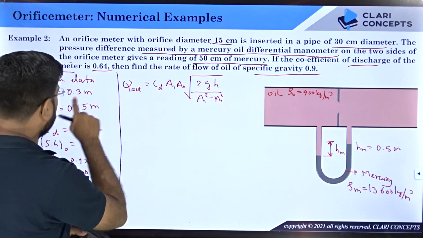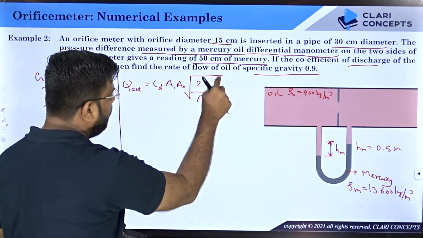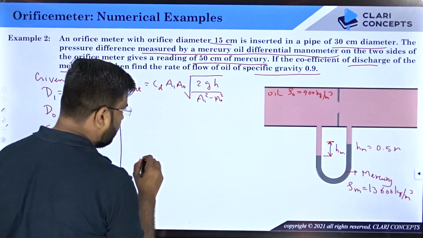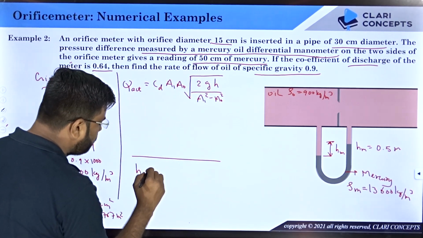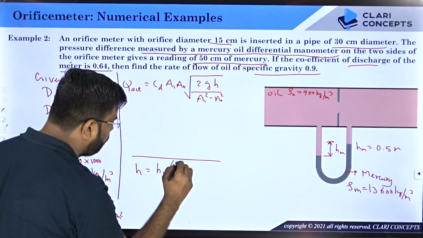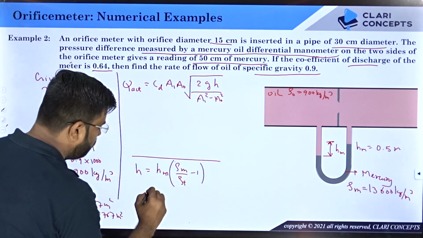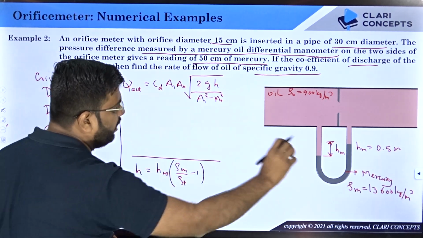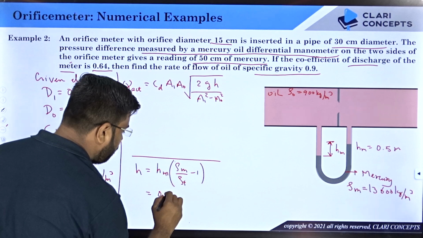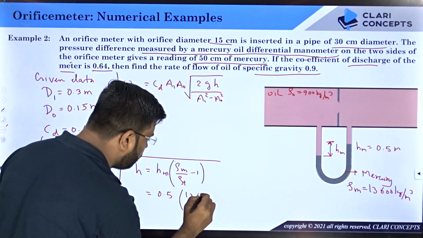So CD is known to you, A1, AO you have found out, 2, G is 9.81 you know. H we need to calculate. What is H? Let us calculate H. H is equals to what? It is HM into rho m by rho f minus 1. So HM is basically the manometric height. That is 0.5. What is rho m? Density of manometric fluid, 13600.